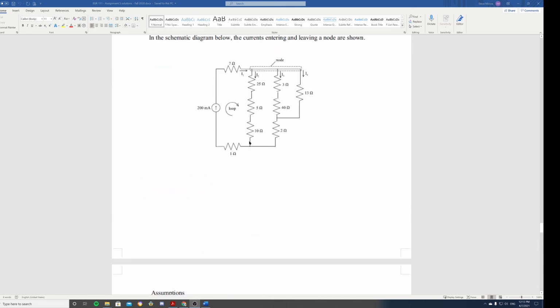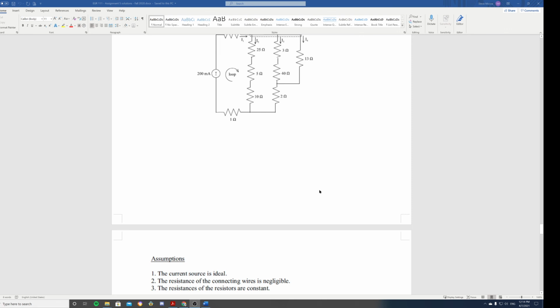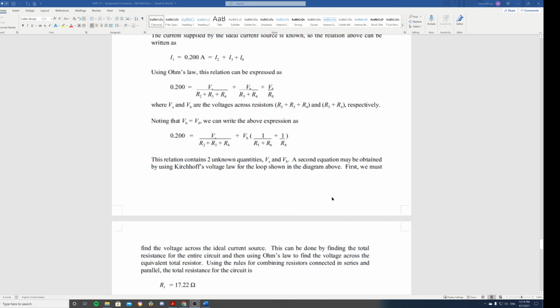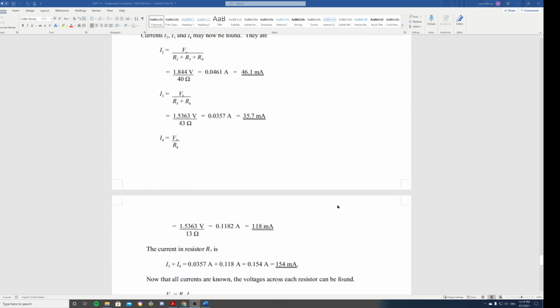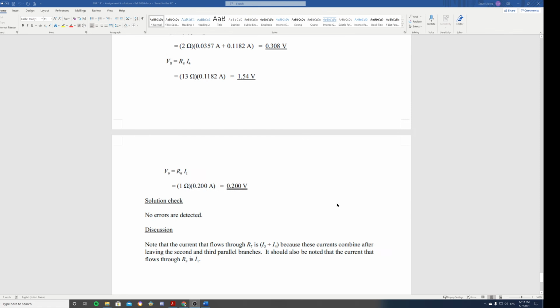You could come up with an equivalent resistance for these three, maybe an equivalent resistance for these two or something, and then make your solution a little bit simpler. Or just follow the author's way where they kind of just added them together in the equation. And going down to the bottom here. And that's about it for this one.